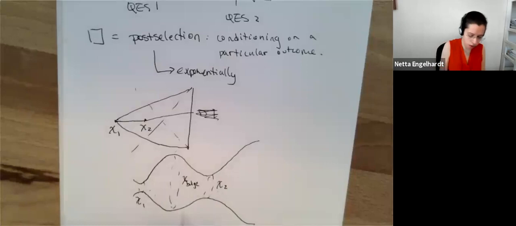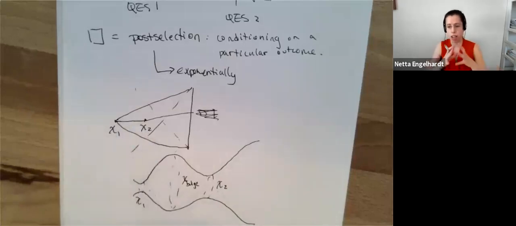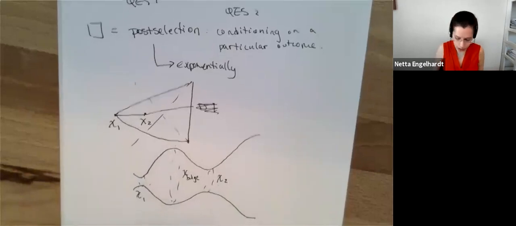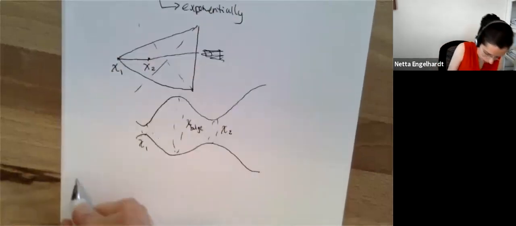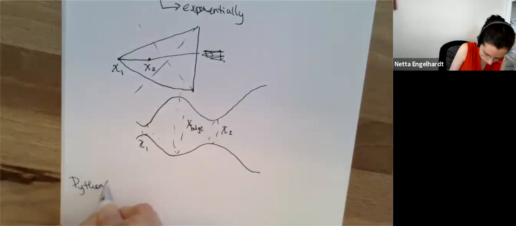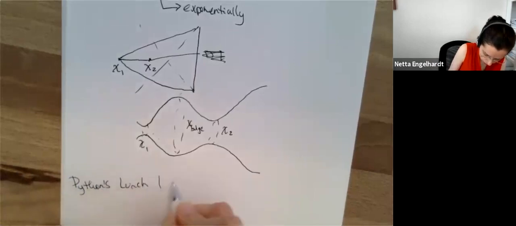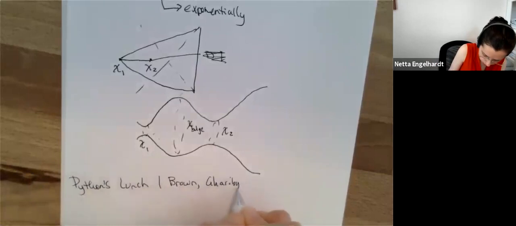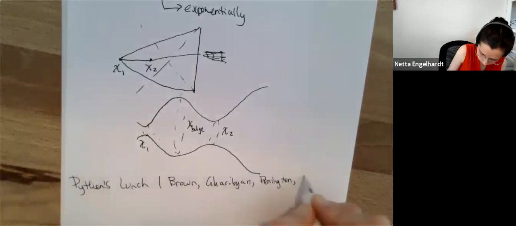And so this observation that this looks like this tensor network with post-selection is what motivated the so-called Python's lunch proposal, which was proposed by Brown, Gharibyan, Penington, and Susskind.